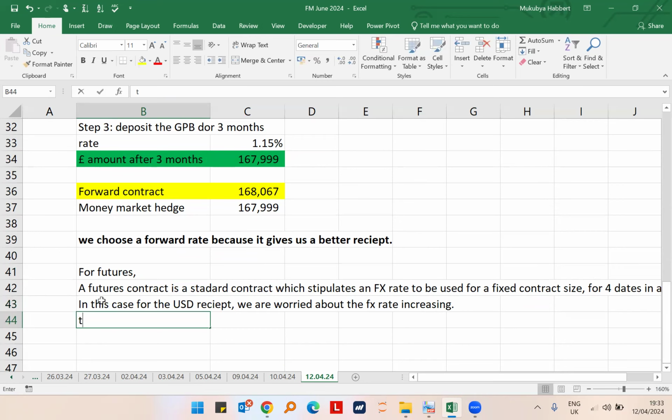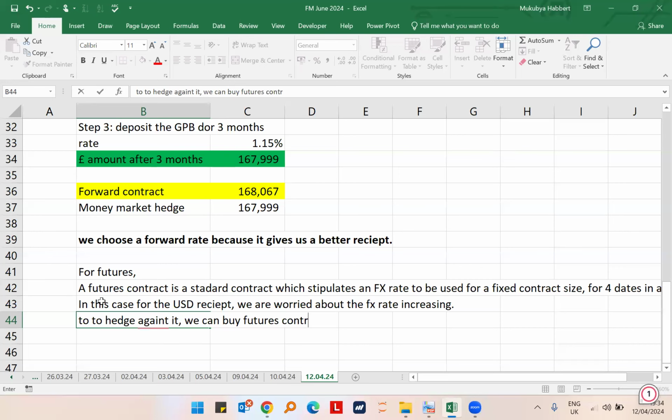Okay, so to hedge against it, remember when the FX rate is increasing, that means the futures price is going to be increasing. So if you think that futures prices will increase, then you buy now and sell later. We can buy futures contracts now and sell them later.